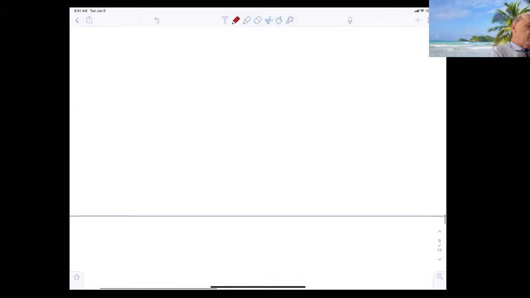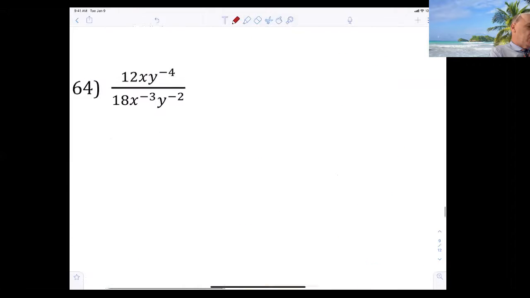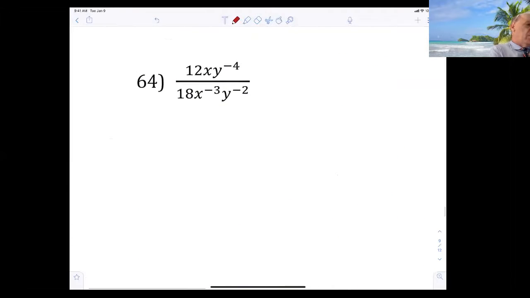All right, here we go, 64. Now, again, anything with a negative exponent I should move. I know 12/18 reduces to what? 2/3. Now the x to the -3, I have to move that where? On the top.